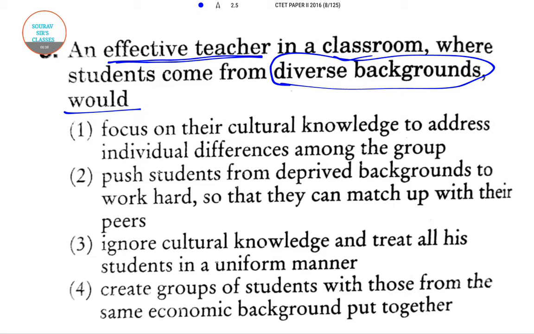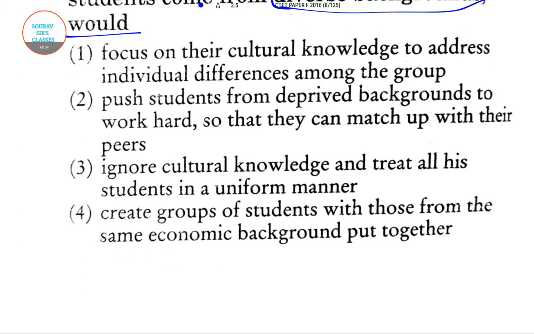The first one is saying focus on their cultural knowledge to address individual differences among the group. The second one is push students from deprived backgrounds to work hard so that they can match up with their peers. The third one is ignore cultural knowledge and treat all his students in a uniform manner. And the fourth one is create groups of students with those from the same economic backgrounds put together.